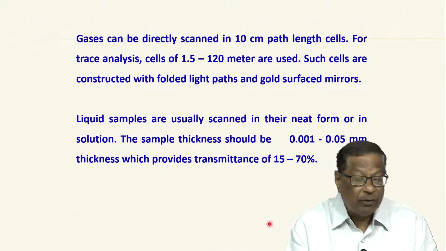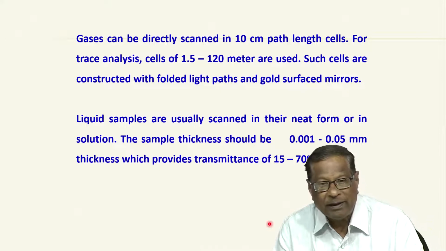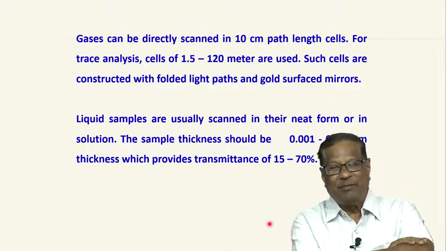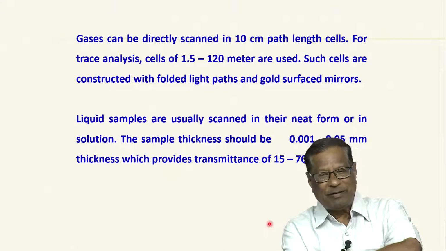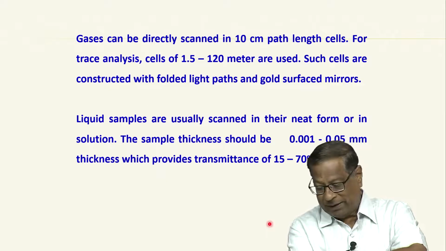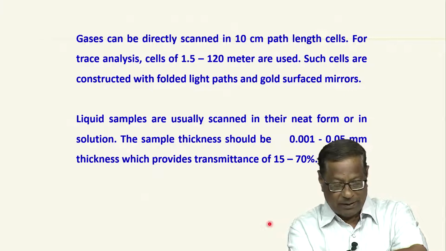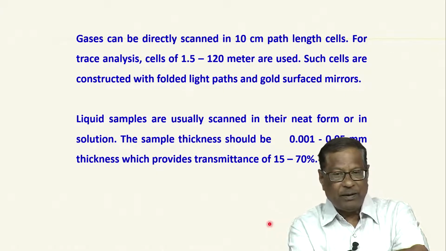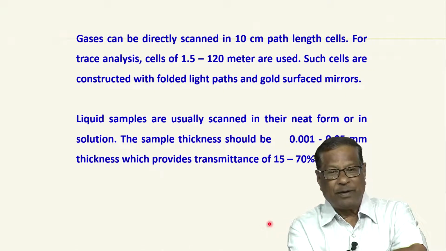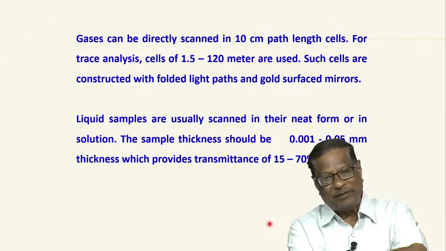Okay. So, how do I do the gas analysis in IR? Initially I had told you in my first class in this course that infrared analysis can be done on gases, solids and liquids.